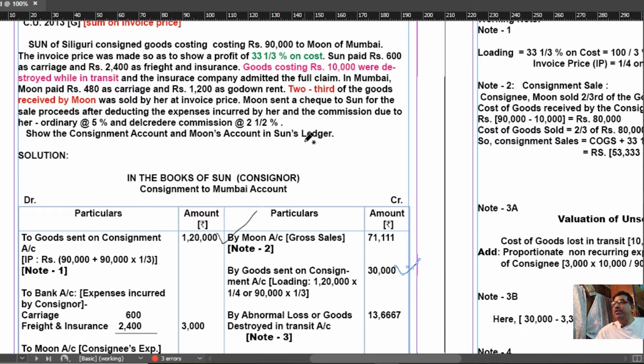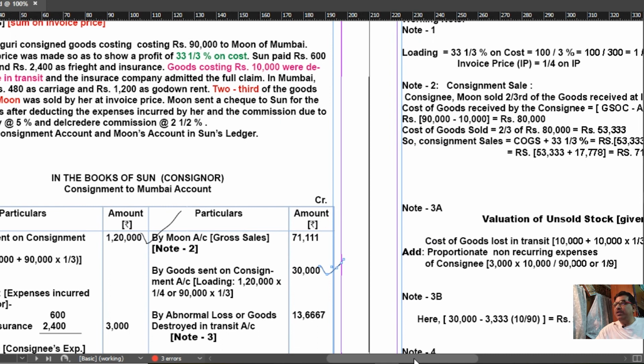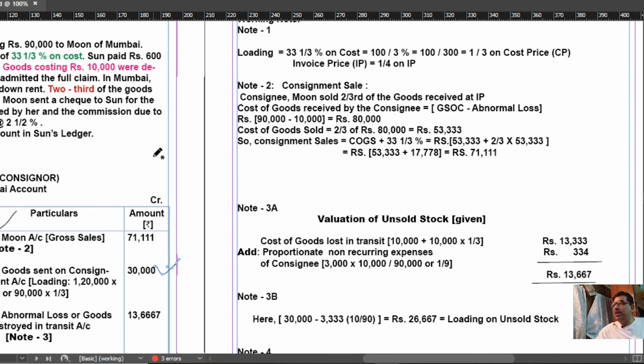Now the next part. In Mumbai, goods costing rupees 10,000 were destroyed while in transit. That means abnormal loss is given here. But mind it, the cost price of goods is rupees 10,000. Therefore, I have to charge invoice price.